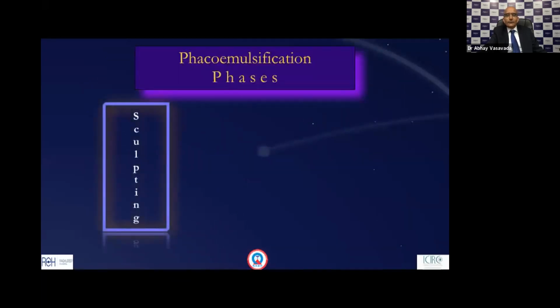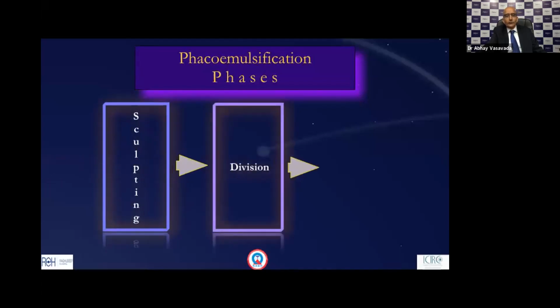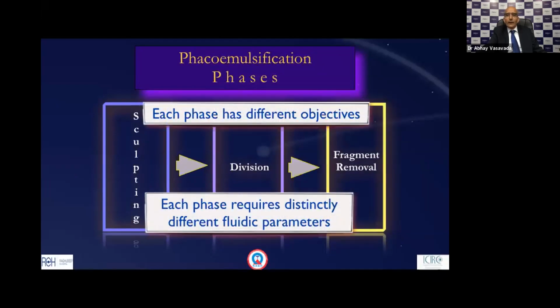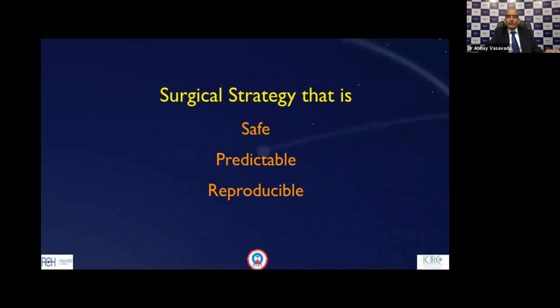The nucleus, when you remove, has distinct phases. If you are doing a sculpting, and we recommend that to create a space, and then divide, and then remove the divided fragment. Each of these stages has a distinct objective, and therefore has different parameters like the bottle height, the flow rate, the power, and the vacuum.